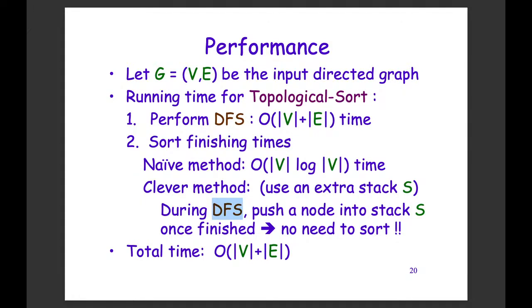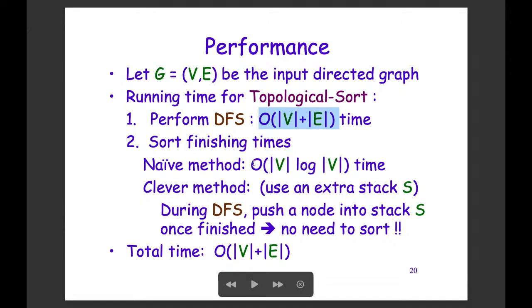So in that case, we can avoid maintaining a global clock talking about what is the current time, and we can also avoid the sorting of the nodes based on the finishing time, because just the stack will help us do what we want. So in the end, the total time is linear. It is linear in the number of vertices and the number of edges to perform DFS.